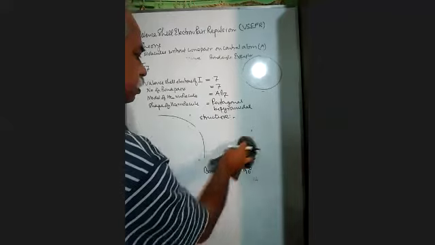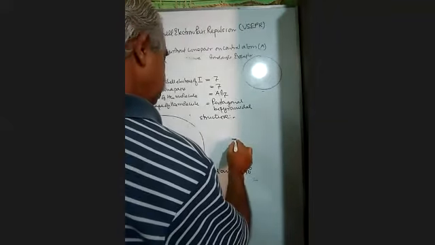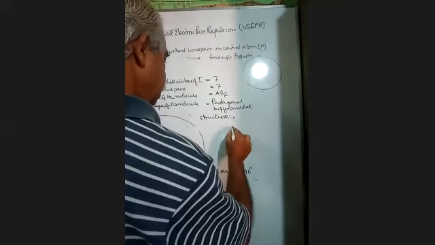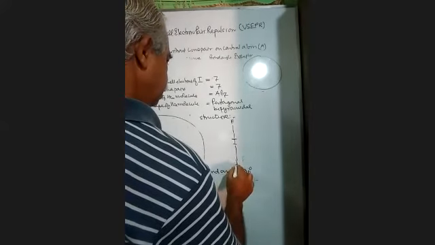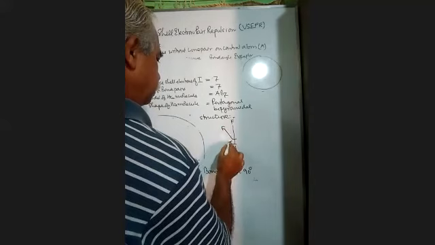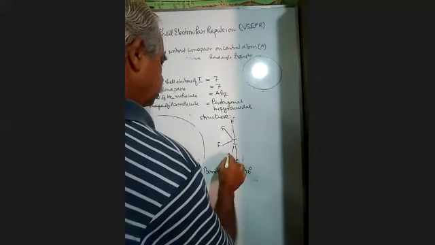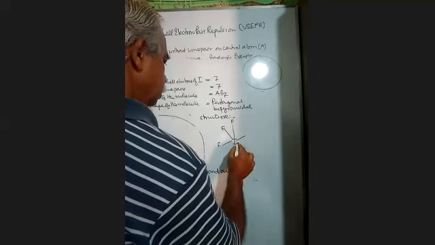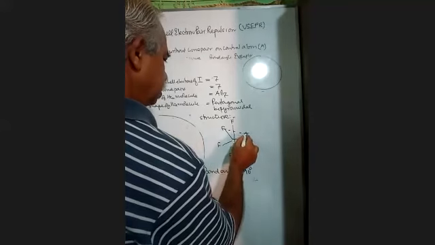This is not given in your book. So this is iodine. This is the axis. F. On one side there will be 3 and on the other side there will be 2. So I'll join it.